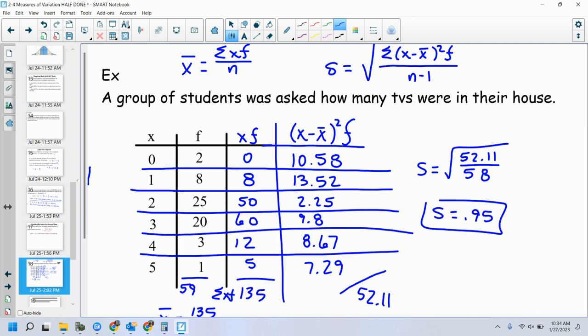That's Chebyshev's theorem, not the empirical rule, because we don't know bell shape. 75% of people responded within 2 standard deviations away from the mean. So that means within 0.3 to 4 point something. And actually, we know more than that, because only 3 people are outside of that range.